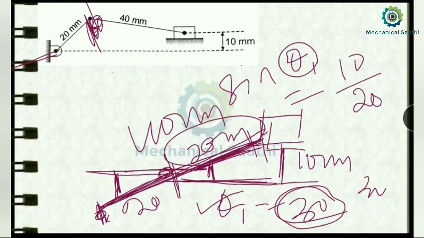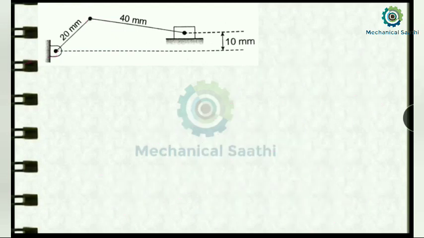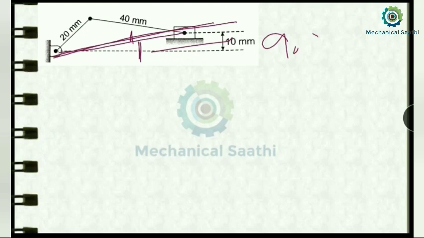So let us use all these data and try to calculate the value of QRR. When the slider is at the right hand position, it is like this, and this angle we have got as 9.59.